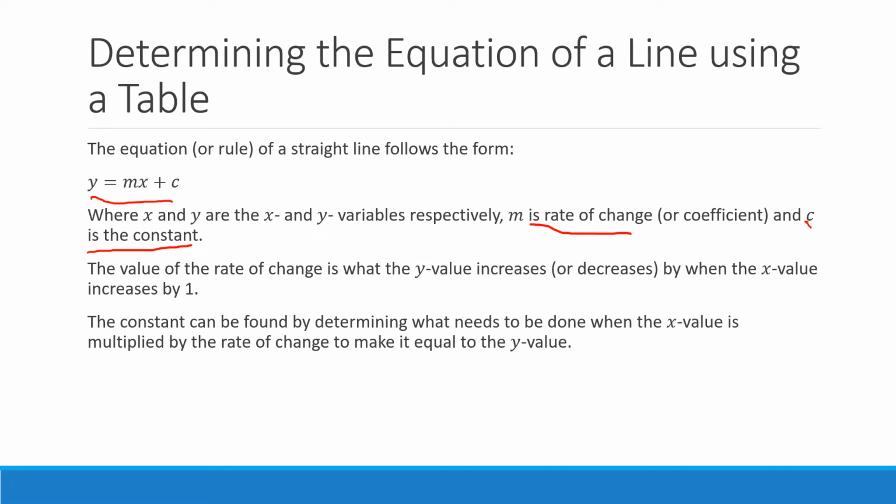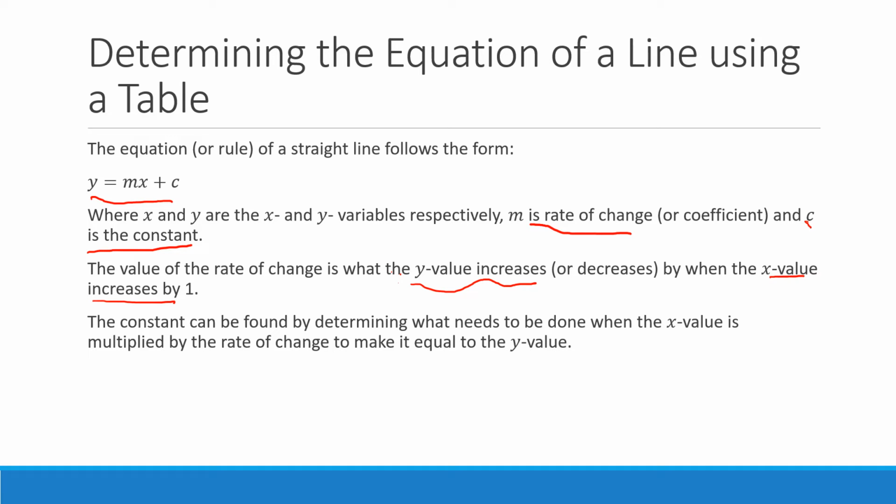Now, we're wondering, what are those two things? What is the rate of change? The rate of change is what the y value increases or decreases by when the x value increases by 1. So in our table, when our x value goes up by 1, what change do we have in our y value?